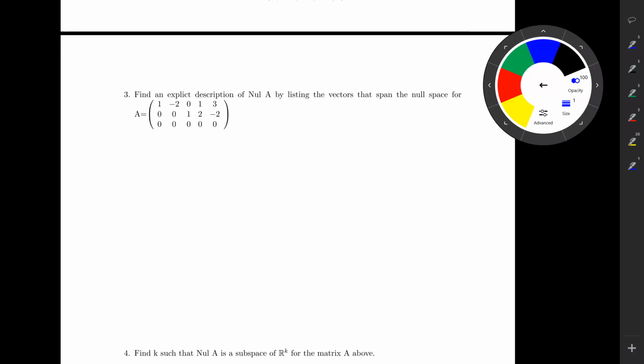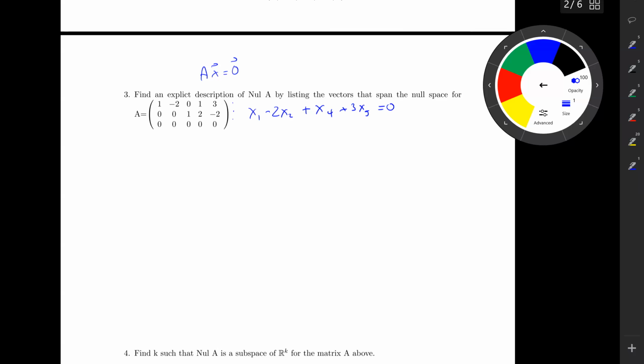Okay, so this already is in reduced row echelon. This gives me x1 minus 2x2 plus x4 plus 3x5 equals 0. There's no 0 here, but in my mind, I'm augmenting A with 0, so that I'm solving AX equals 0.